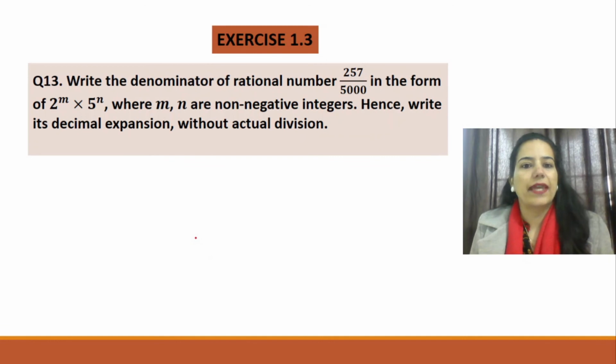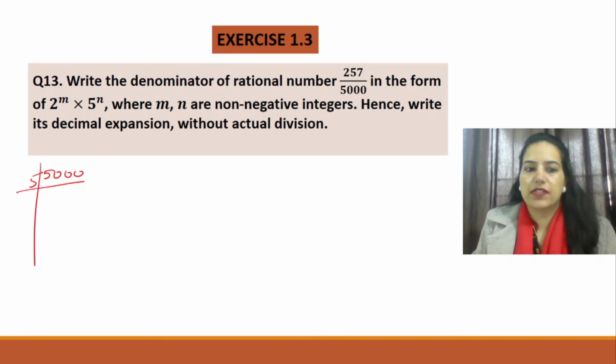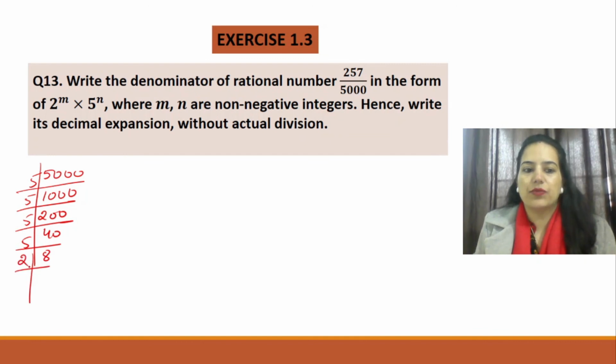Question 13. Write the denominator of the rational number 257 by 5000 in the form 2 raised to power m, 5 raised to power n, and also find the decimal expansion without actually dividing it. So we'll have to factorize the denominator, which is 5000. I start with 5: 5000, then 1000, then 200, 40, and 5 8s are 40, and 8 we know is 2 cube, right?